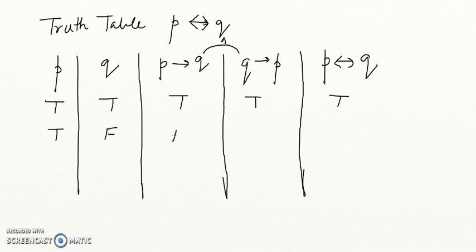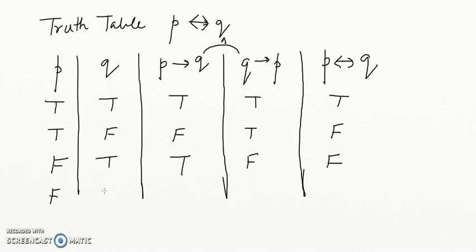Then if P then Q is going to be false, and the reverse direction is going to be true, and false and true is going to make a false. Let's say P is false and Q is true. Then if P then Q is going to be true, and the reverse is going to be false, and true and false are going to be false again.